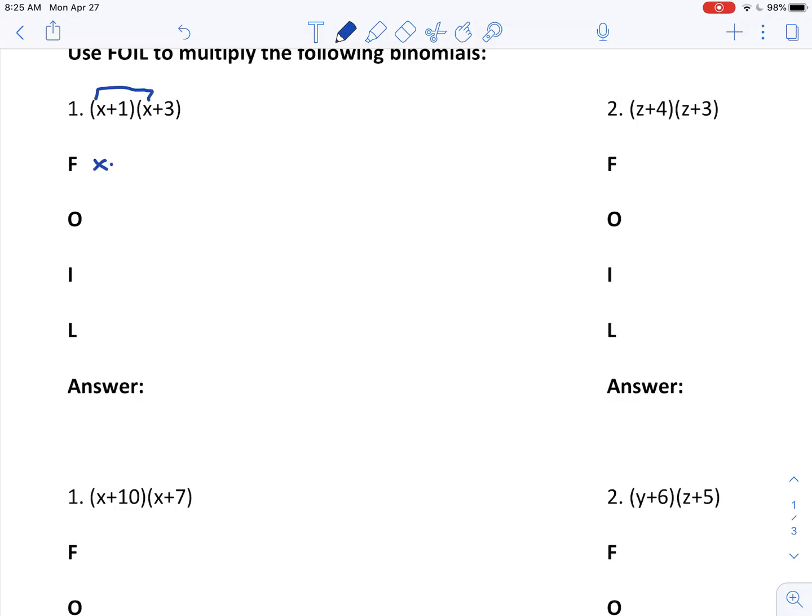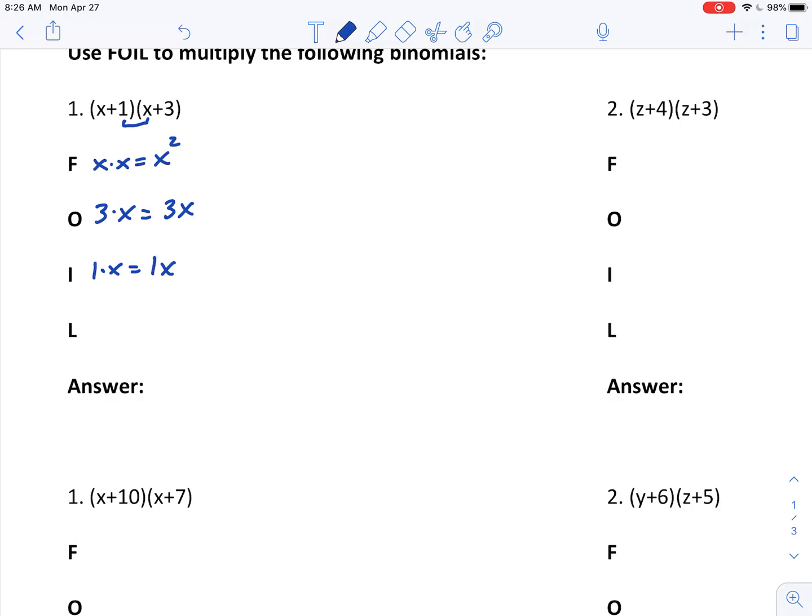So let's try this one here. We've got 4 more examples, and today's typo is I forgot to change those numbers there. So we'll do our first, outer, inner, and last. Let's try this out. First product, x times x, x squared.